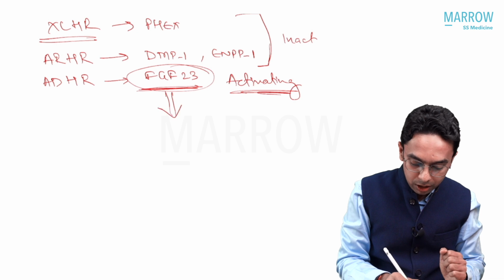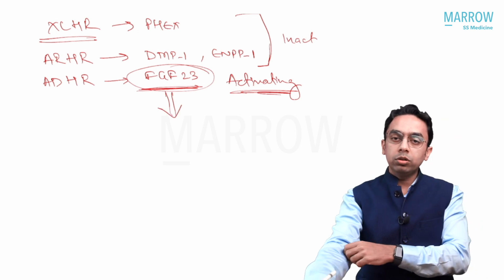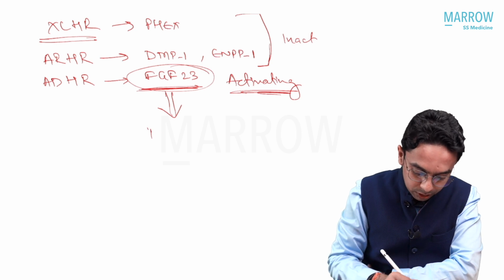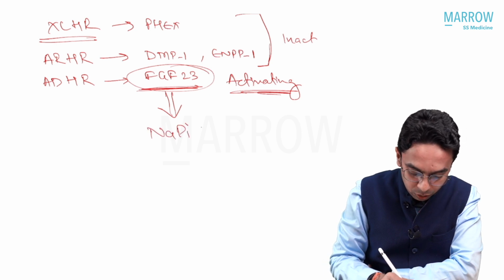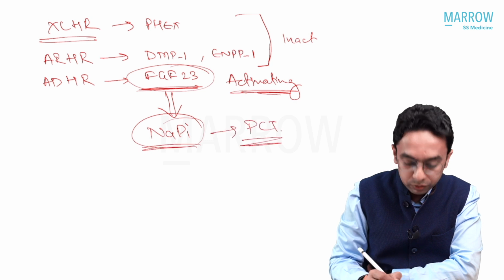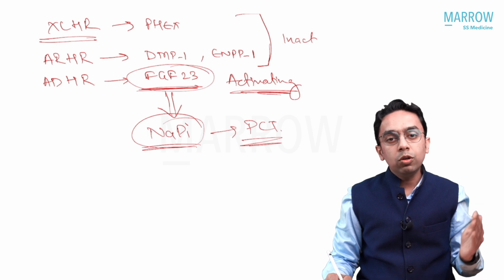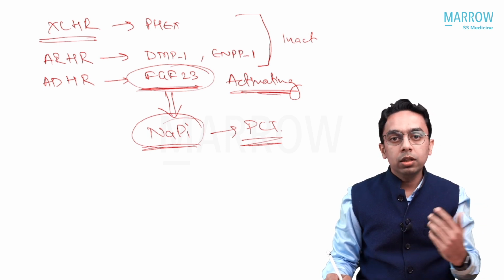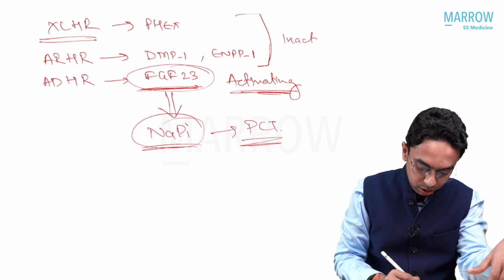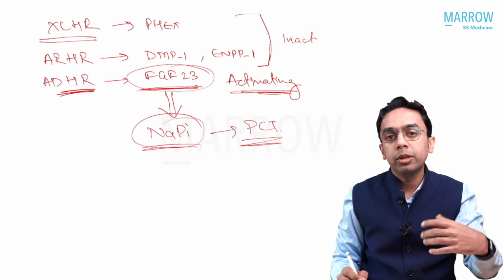Let's talk a little bit about FGF23 because many questions are asked from this. Where does FGF23 act? It acts on the NaPi co-transporter present on the PCT of the nephron. So this will cause phosphaturia, thereby decreasing phosphate in blood. Hypophosphatemia is caused, thereby causing hypophosphatemic rickets.